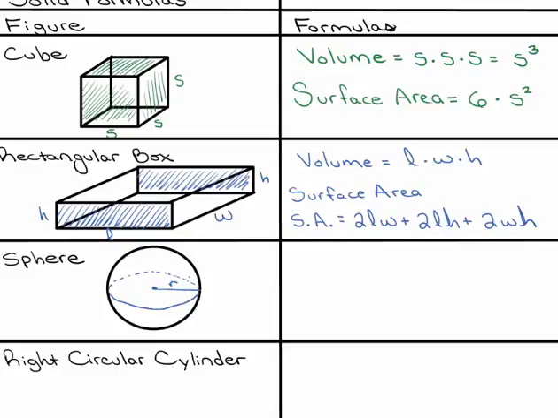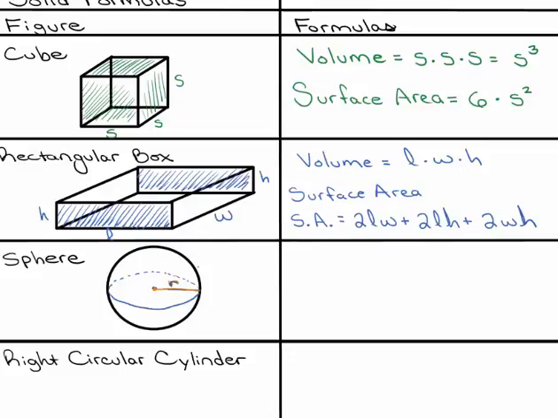I think we did it. I think that looks like a sphere. Good job. All right, so the sphere, we have a radius there. There's our center, and then there's our radius going out this way. We'll call our radius R. Okay, I can't get it to look orange.